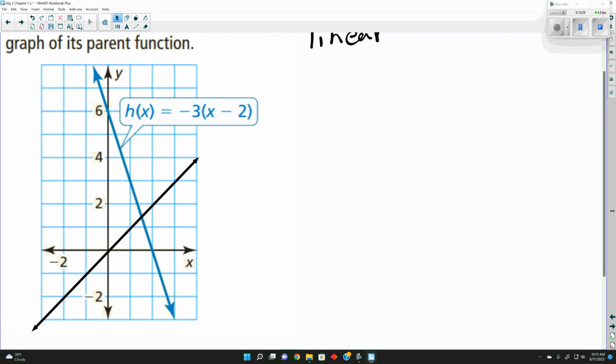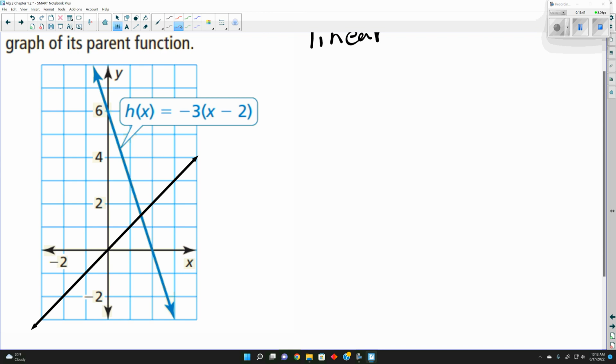So this here is probably supposed to, I'm going to get to actually drawing this, but that there is the parent function. The linear line, the basic f of x equals x, because the linear function's parent is f of x equals x. So now we need to see how it relates to this here.